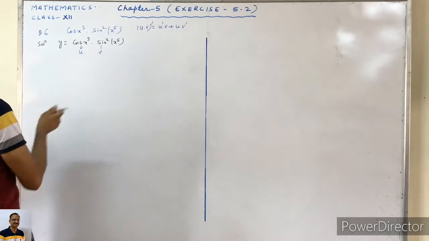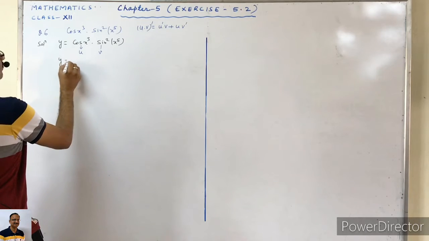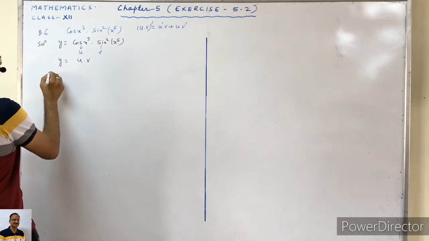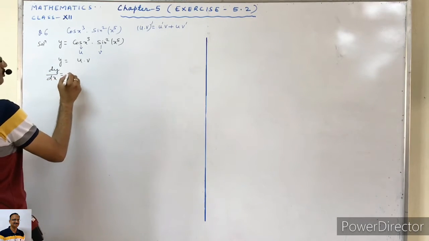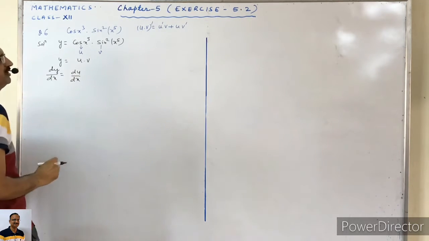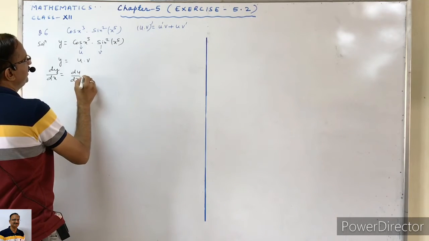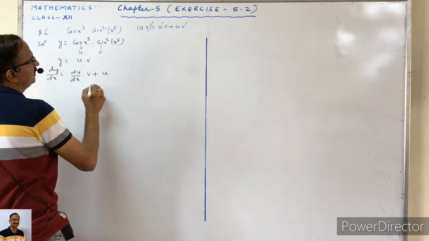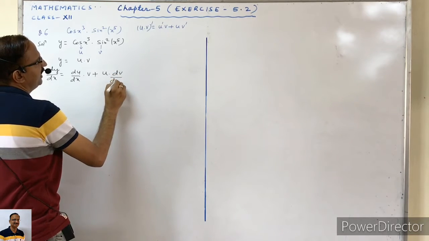So this can be written as y equals u into v. So dy by dx equals du by dx, means differentiation of first function and second function as it is, plus first function as it is and differentiation of second function, dv by dx.